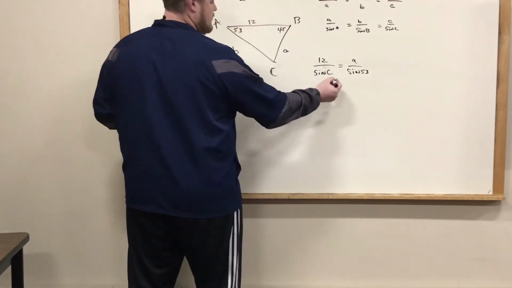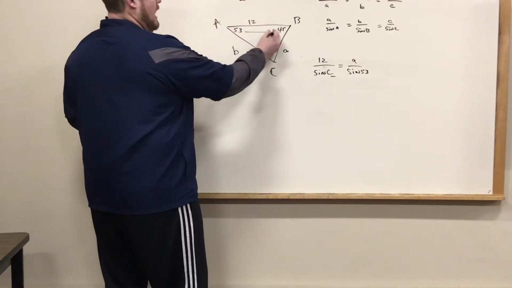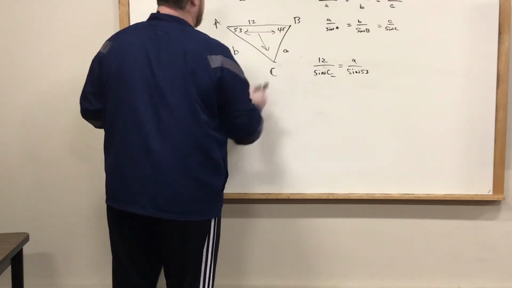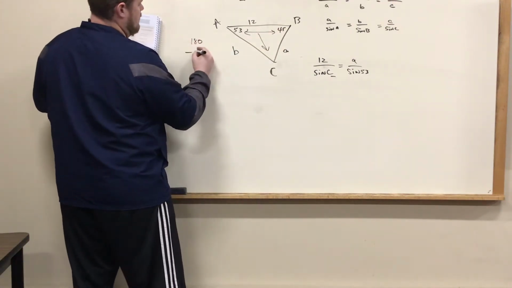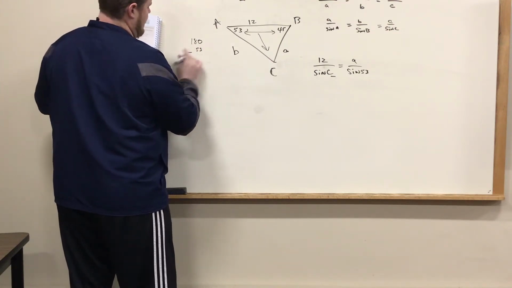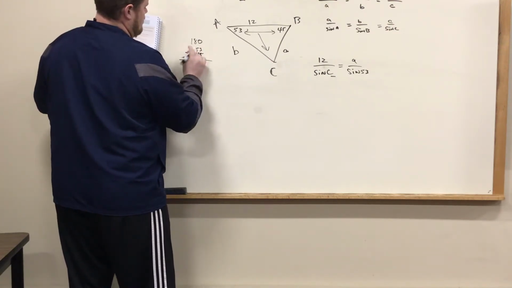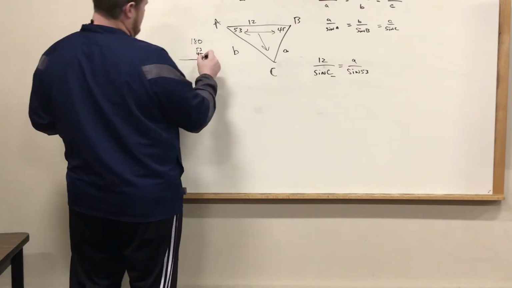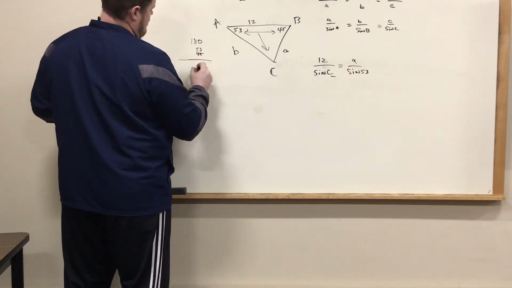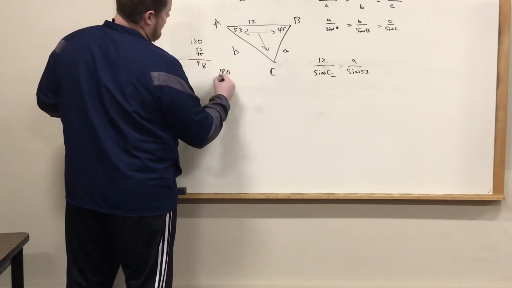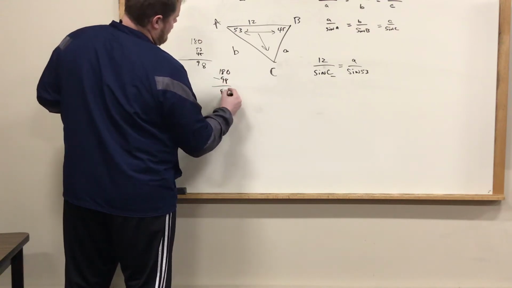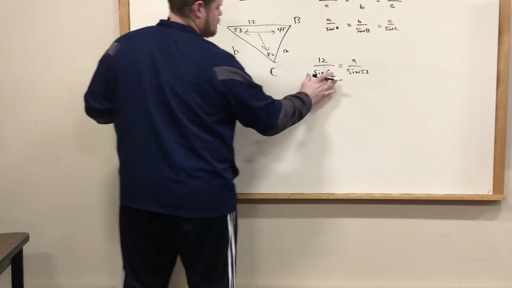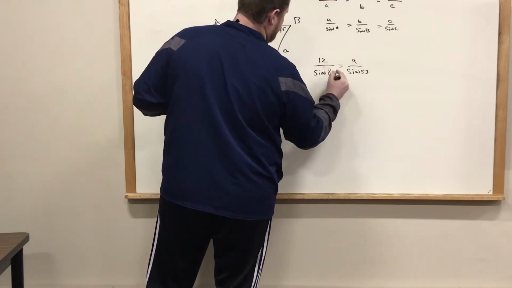Now, question: can we solve for C? Yes, how? Add these together: 180 minus 53 and minus 45. Add those together and you get 98, so 180 minus 98 gives you 82. So our C is now 82.